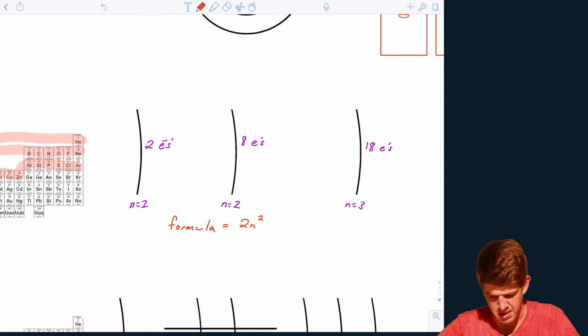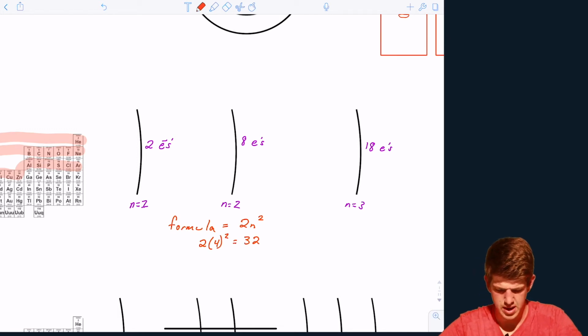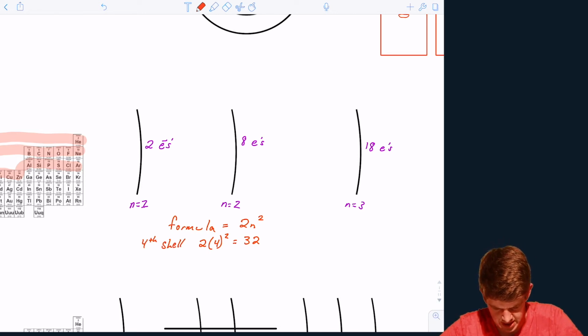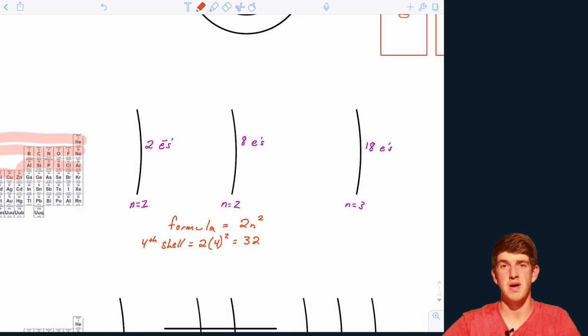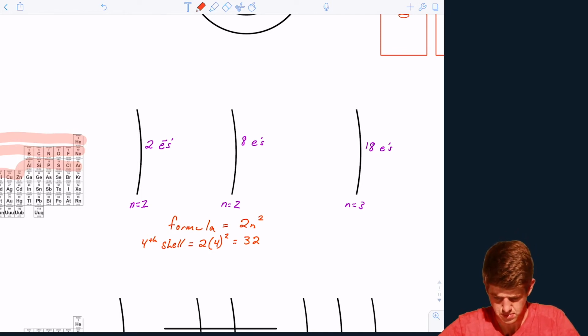So if we're talking about the fourth shell, that would be 2 times 4 squared, which means I have 32. So in the fourth shell of an atom, it can hold a maximum of 32 electrons.